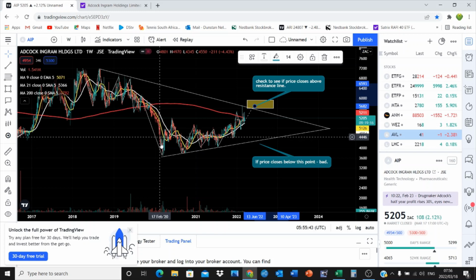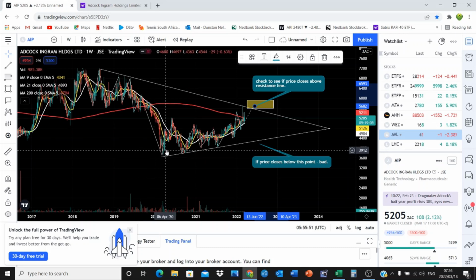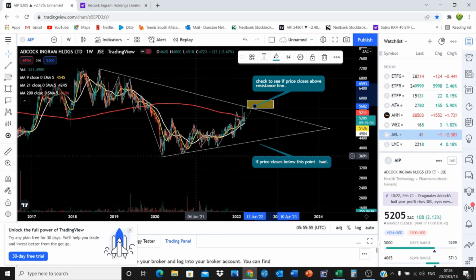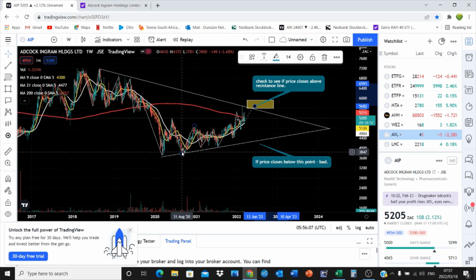Look at that. And this obviously happened for a huge amount of stocks. Now investors will know that at this price level, Adcock Ingram is grossly undervalued for what it has been before. Obviously, over here you can see this is what the price was before. So they realize that price is currently at a discount.